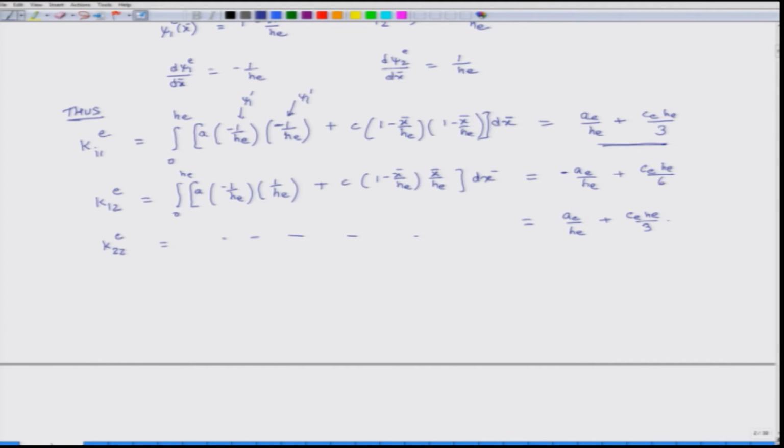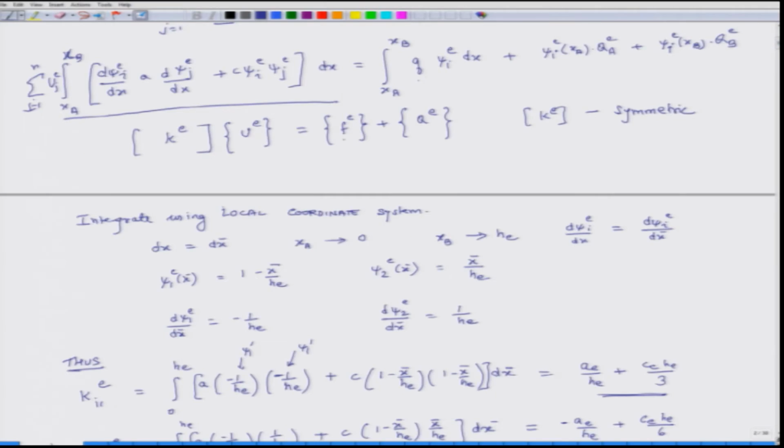For the force vector F, this is the definition. So, I have to integrate the product of Q and psi i over the domain.